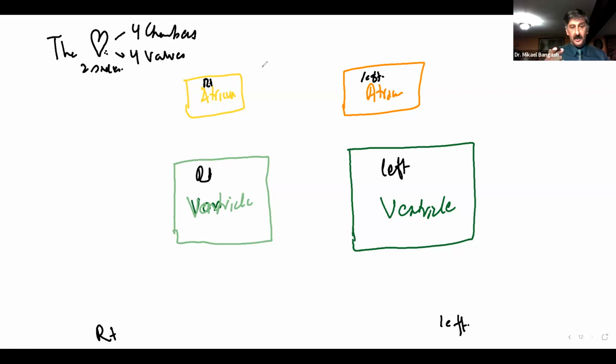That's going to be the journey through the heart. We'll start from that point, and that's going to be on the right side.